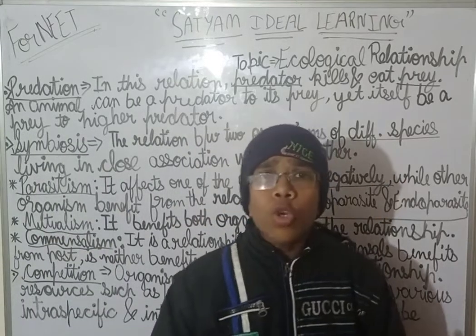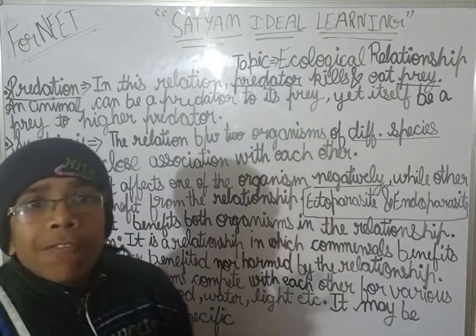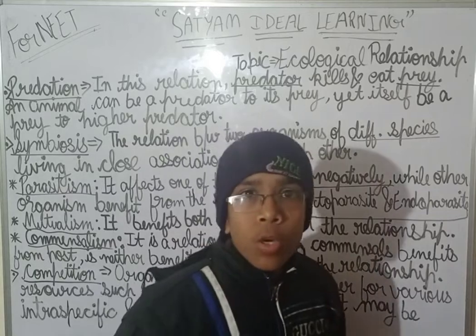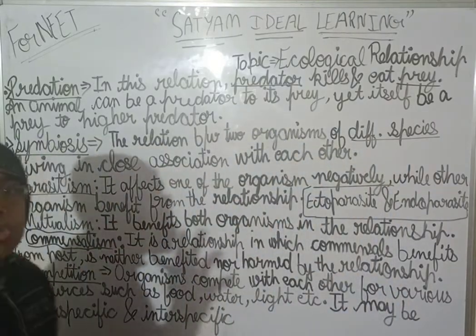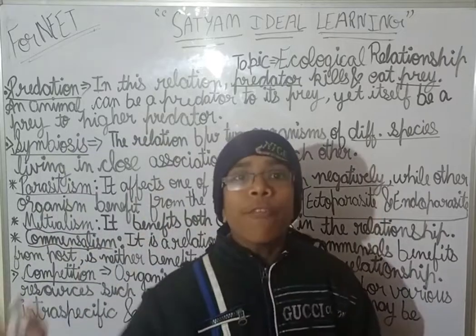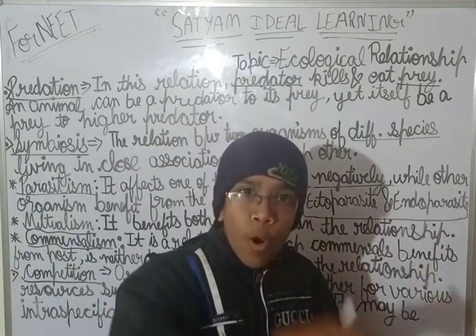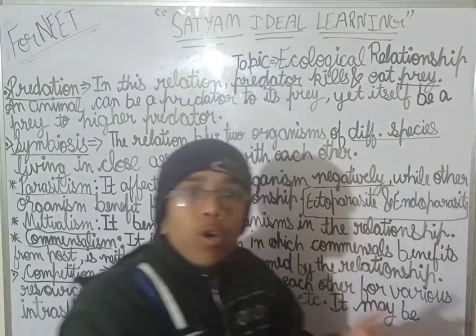Now, you know what parasites are? Parasites are organisms which live on the host, in the body of the host or on the body of the host, and they harm the host. They take nutrition.